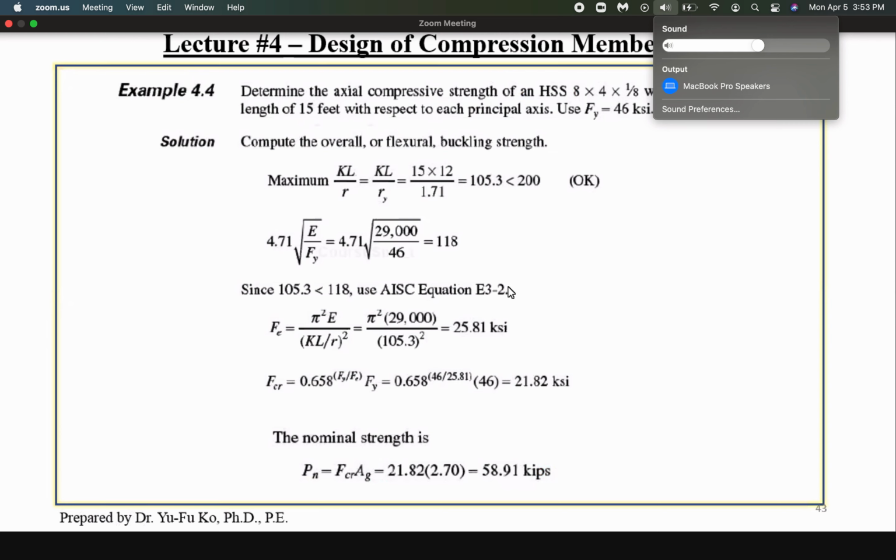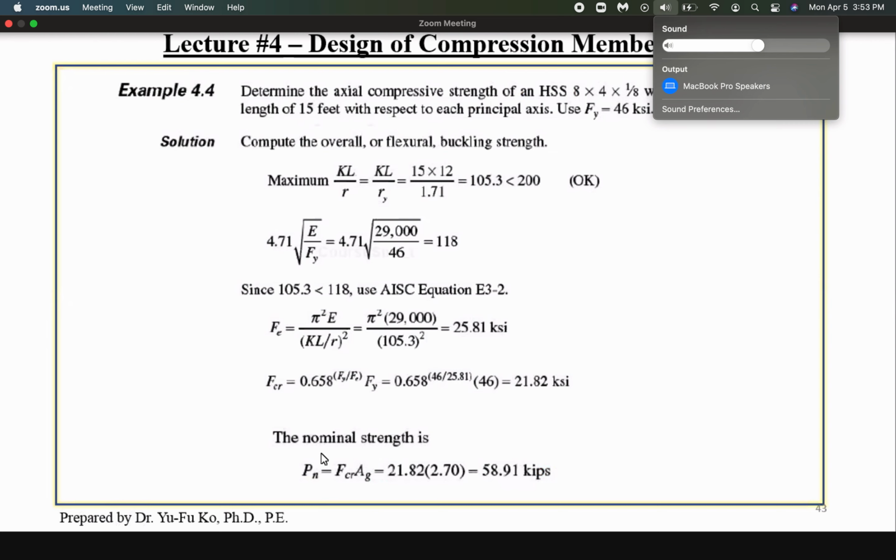E3-2. You first need to calculate Fe, which is pi squared E over (KL/r) squared. You got 25.81 ksi. And then you plug into this equation, E3-2. Then you got 21.82 ksi.